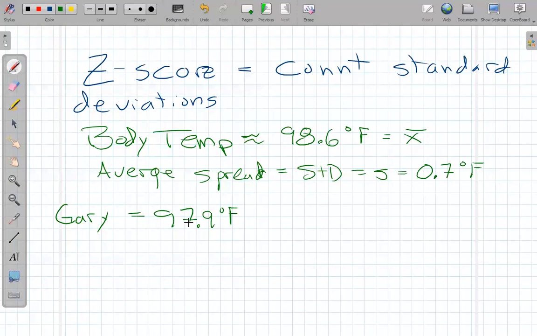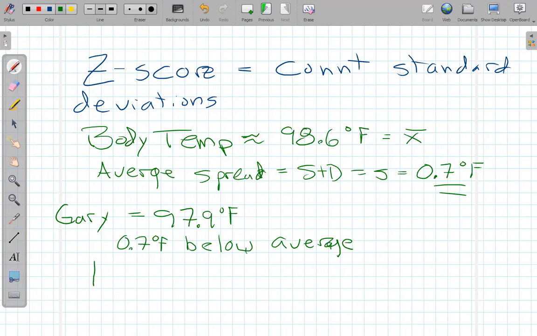Well, to count from 97.9 up to 98.6, I'm pretty sure I am 0.7 below average. So 0.7 degrees Fahrenheit below average. Now, that happens to be the standard deviation. So wouldn't you agree that I am 1 standard deviation below average?